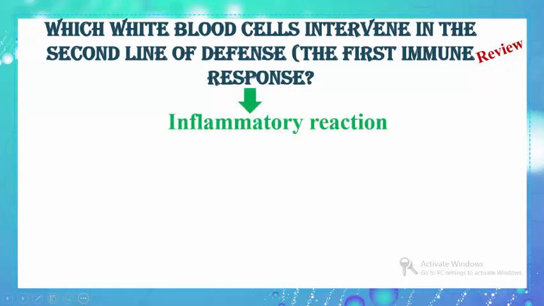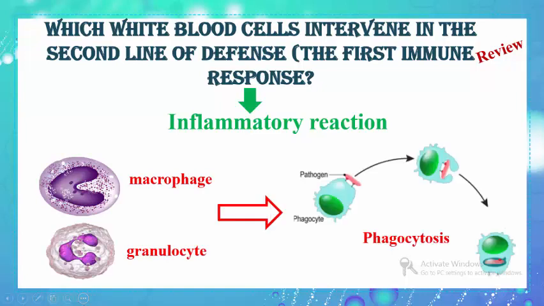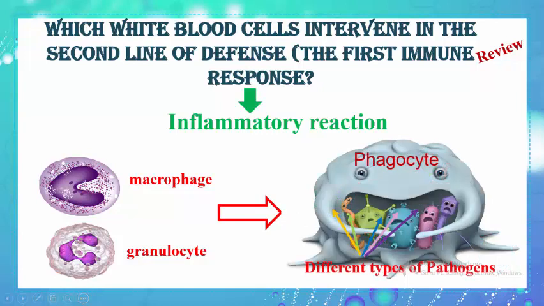In this reaction, special types of white blood cells are activated, which are macrophages and granulocytes. Also, phagocytes, a specific type of white blood cells, are responsible to make phagocytosis. Phagocytosis is the process by which phagocytes destroy all the different types of pathogens.